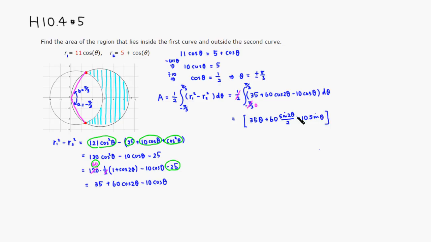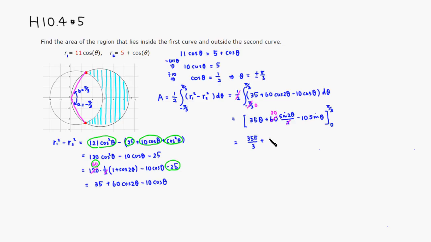Then we're going from 0 to pi over 3. Alright, so plug it in. We put in pi over 3, so 35 pi over 3. Then here, if you cancel 2 and 60, that's 30.